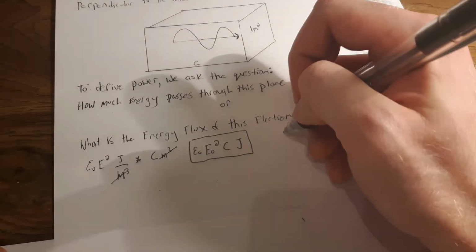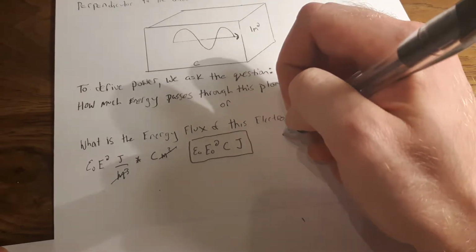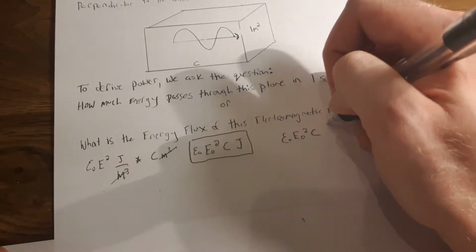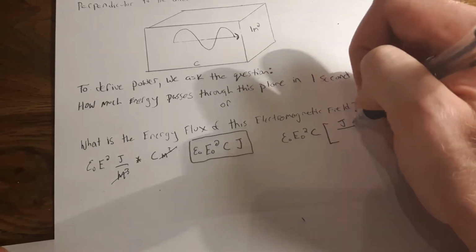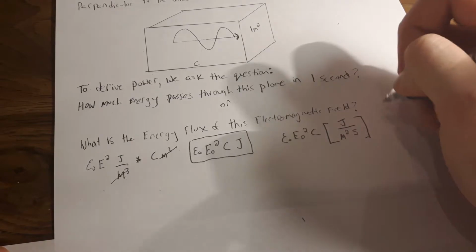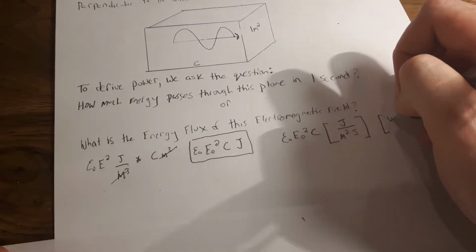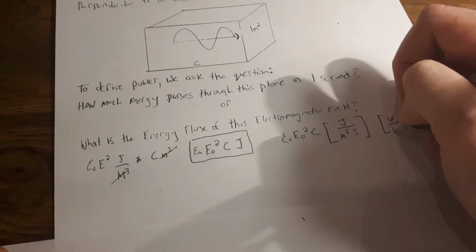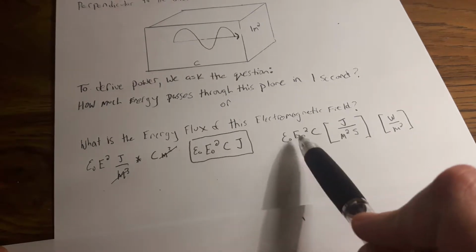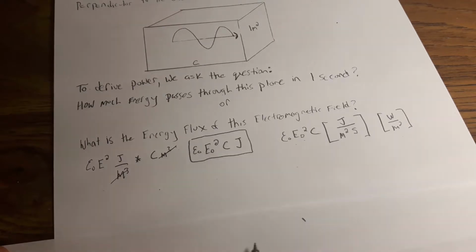So this can be written as joules per meter squared per second, or watts per meter squared. This is how much power is contained within our electric field.